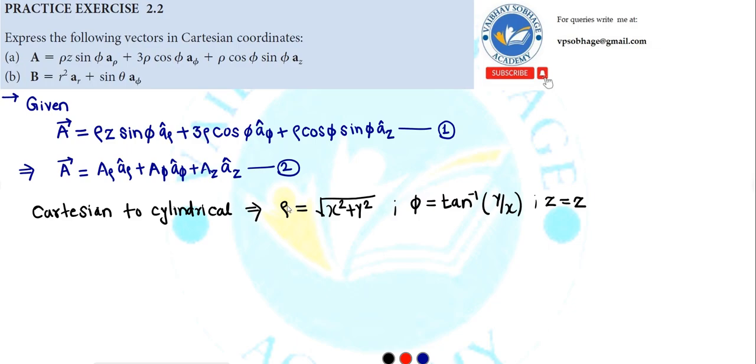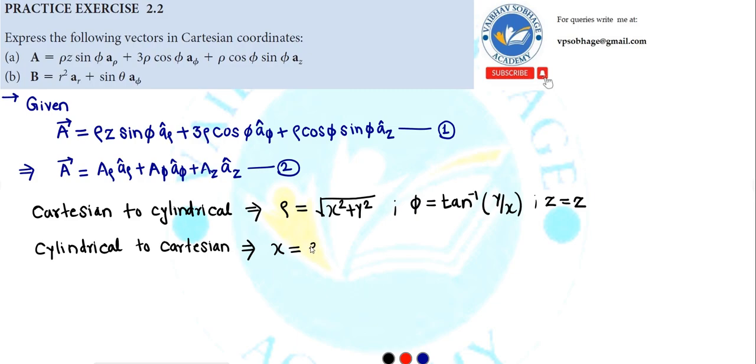Next is the vice versa of this. If we are given the cylindrical coordinates, that is the values of rho, phi and z, we can use this expression to convert rho, phi and z into x, y and z.